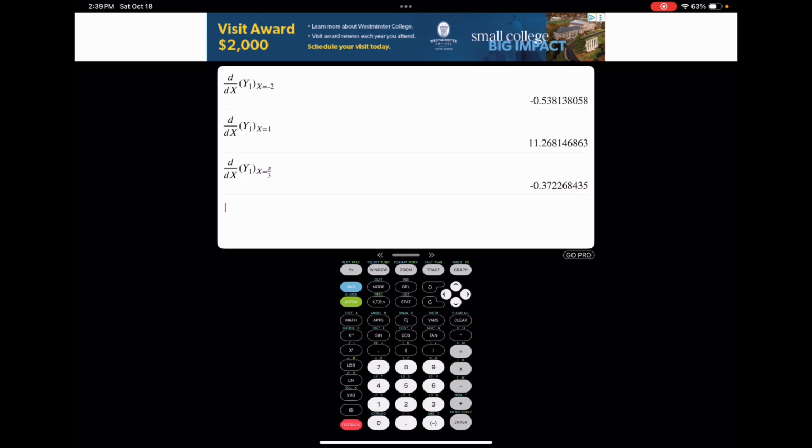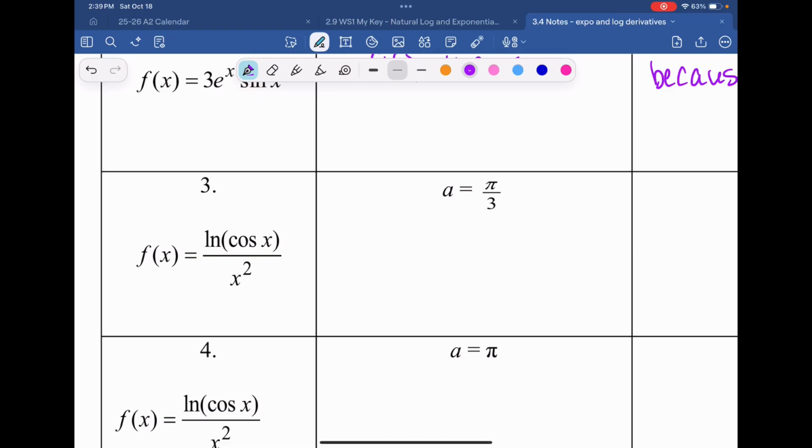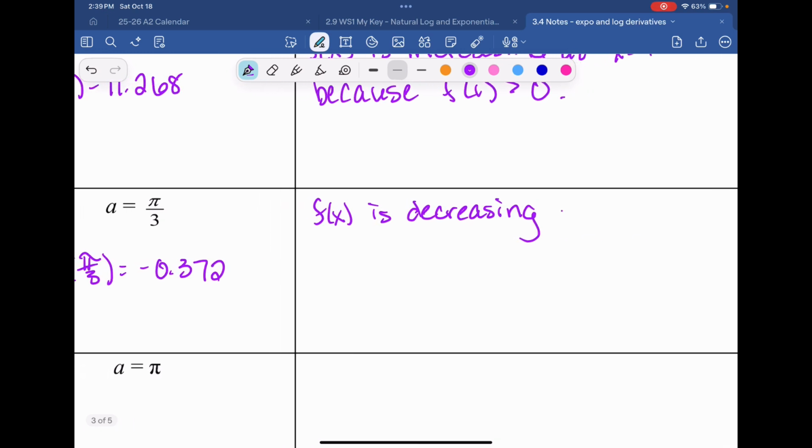So -0.372. So that's negative. F of x is decreasing at x equals pi over 3 because f prime of pi over 3 is negative.